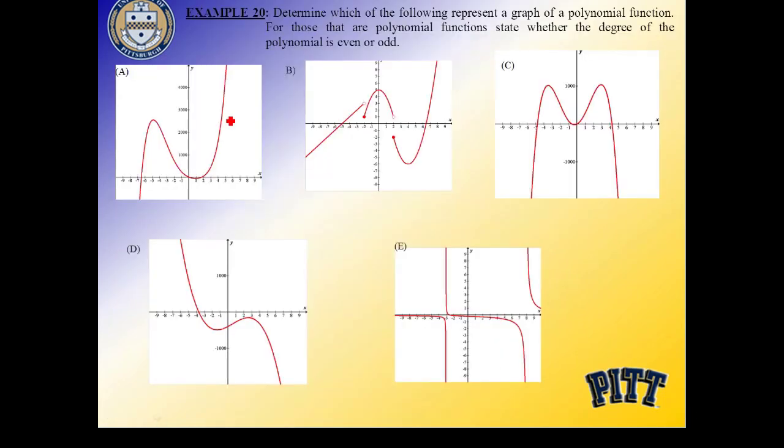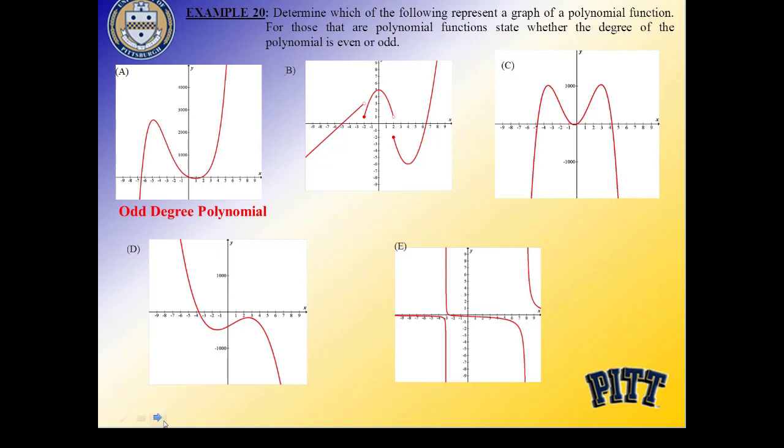So, given some explanations and some descriptions of what a polynomial graph looks like, let's see how many of these are polynomial graphs. A, well, I see it's a smooth curve. It's continuous, no corners, no breaks, no asymptotes of any kind that I can see. Therefore, just by looking at what I have here and only based on that, I would say that more than likely that is going to be a polynomial function.